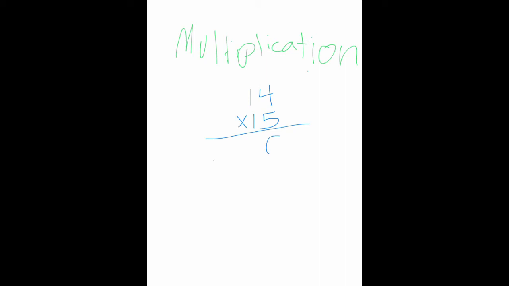Instead of writing 20 here, we just write the number that is in the units place, or the ones place. The ones place is the last digit of a number.